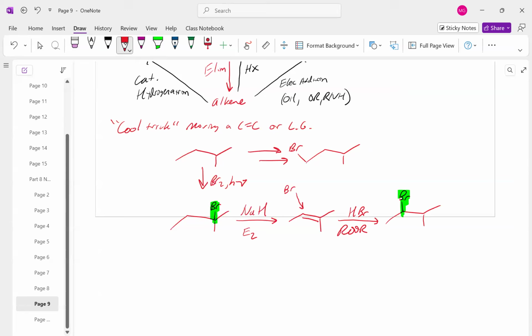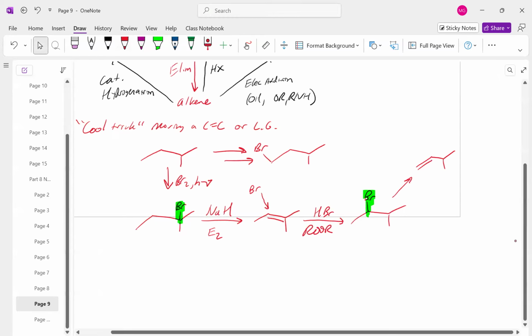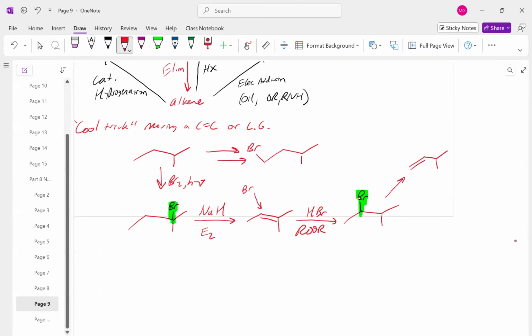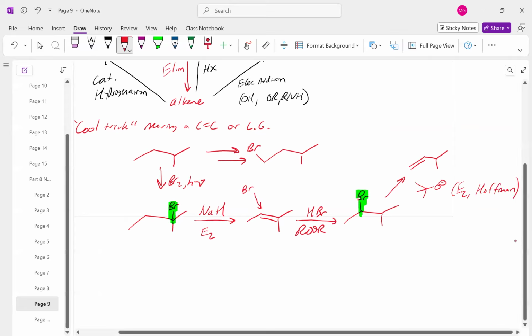Then we could do another elimination to put an alkene there. And we just have to be careful about the base that we choose because we want to do a Hofmann elimination. So we need a bulky base, like tert-butoxide, or you could use DBU or some of those other ones that we talked about.